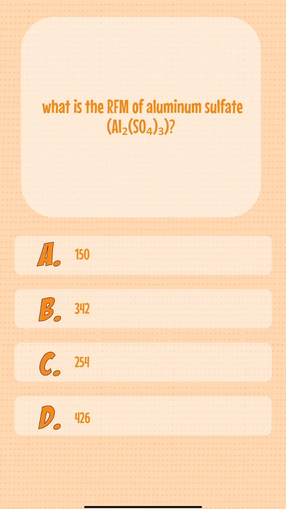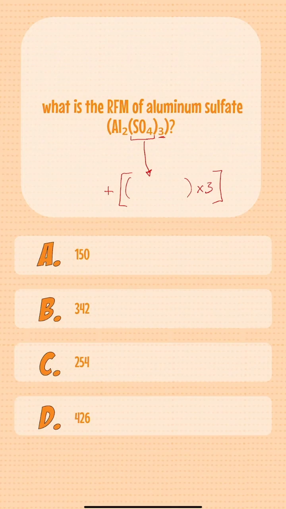Al2(SO4)3, right? We've got 2 brackets here, so be careful here. So this 3, you use that to multiply everything in this bracket. So what I would do is calculate the SO4 first, then times that by 3, then add the aluminium. So look at the periodic table, look for what S is, what O is.